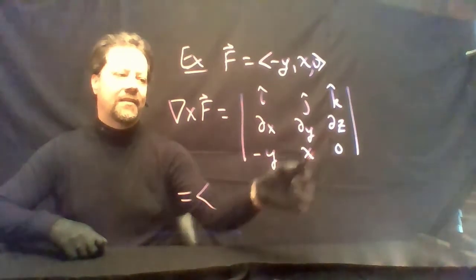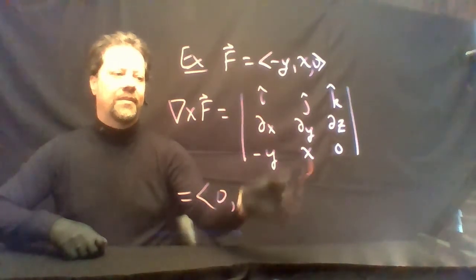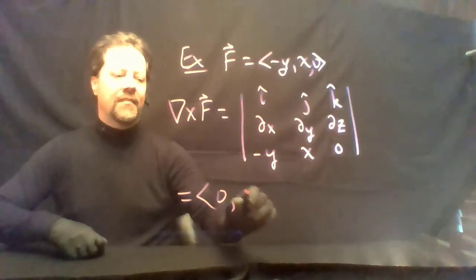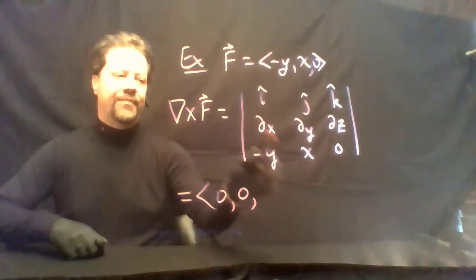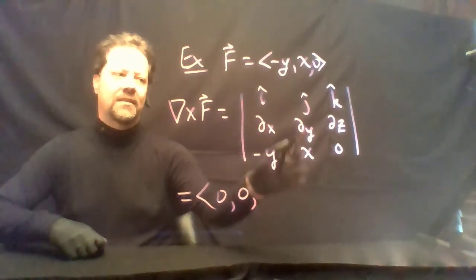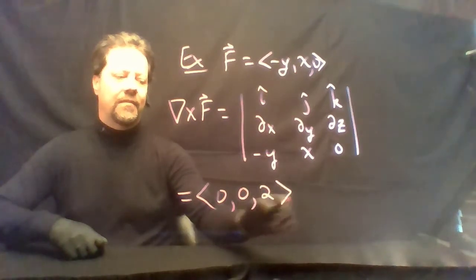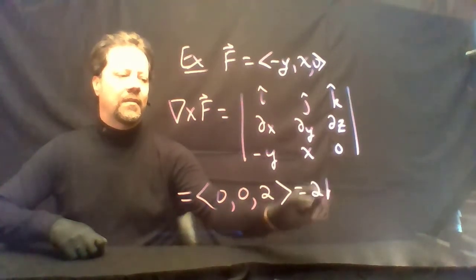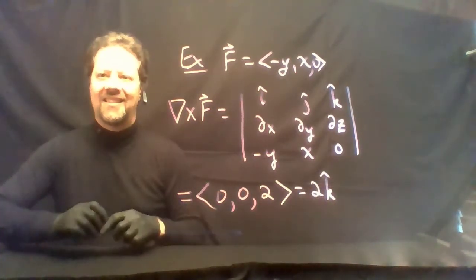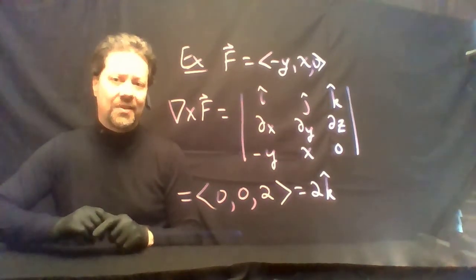We get 0, 0, and now we get 1 minus -1. We get a non-zero curl.